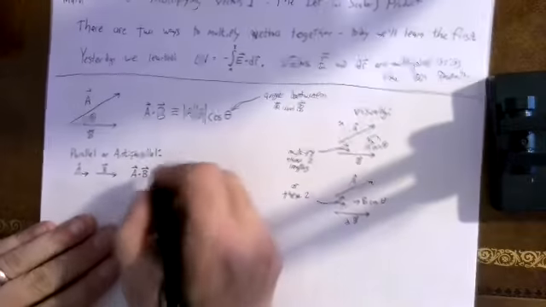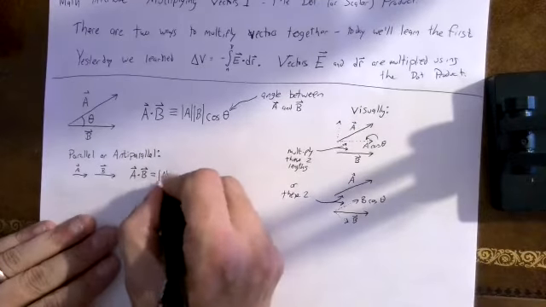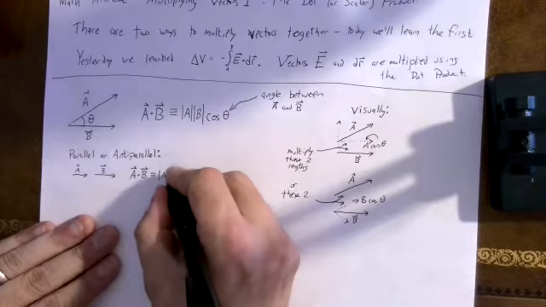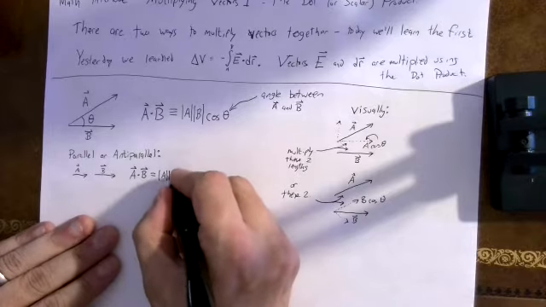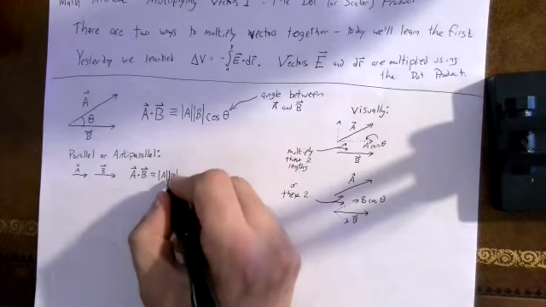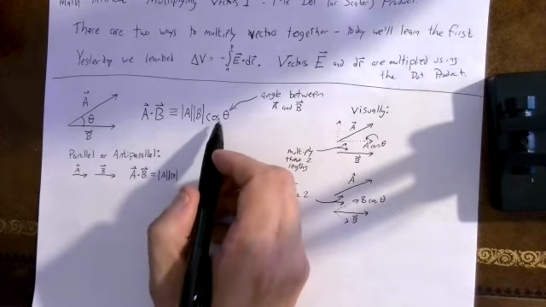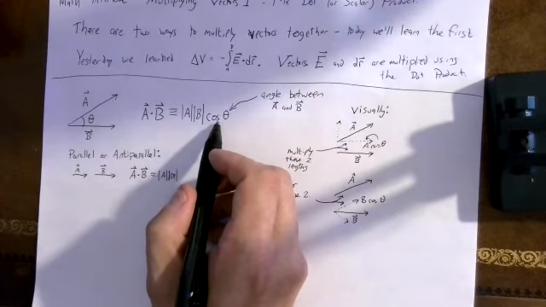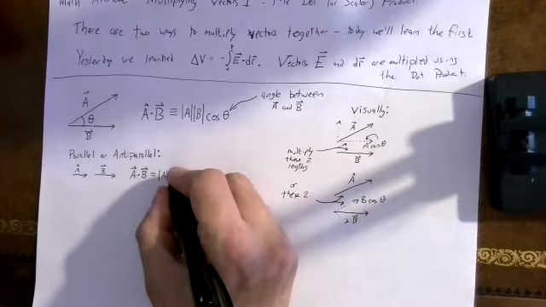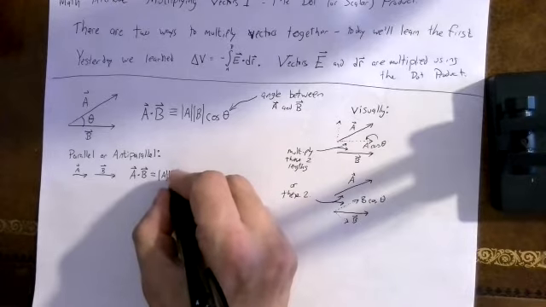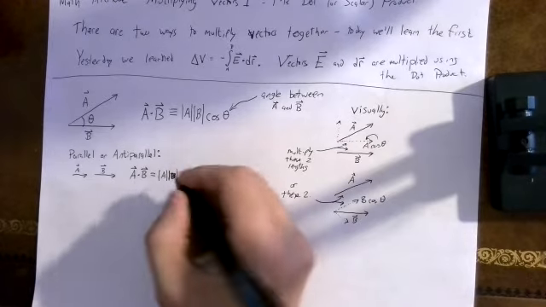Absolute value of A times the absolute value of B. Right, the absolute value or the magnitude, since we're talking about vectors. Very simple. So we get A times B, and then what about this part? The cosine. Well, there is no angle. You can say the angle is 0, right?